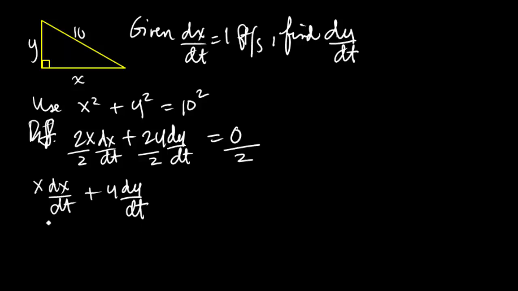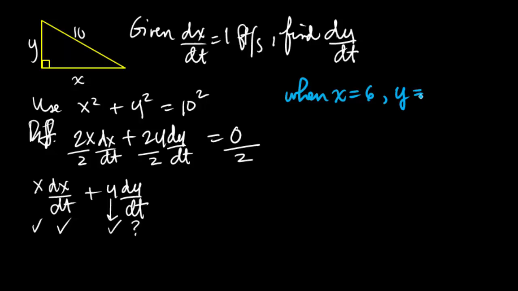Now that we differentiated, it's time to substitute what's given. x is given, dx by dt is given, dy by dt is the unknown. Now we need to find out what y is. y can be found because when x is equal to 6, we can find y using the Pythagorean theorem: 6 squared plus y squared equals 10 squared.